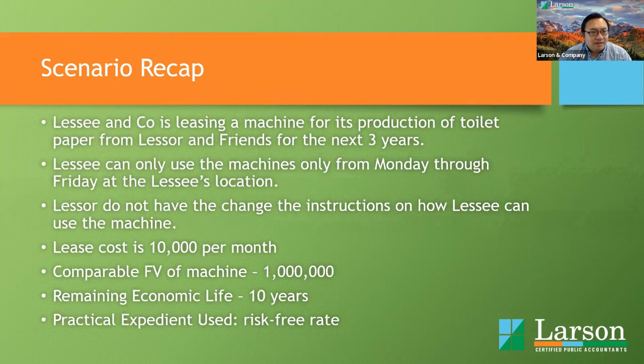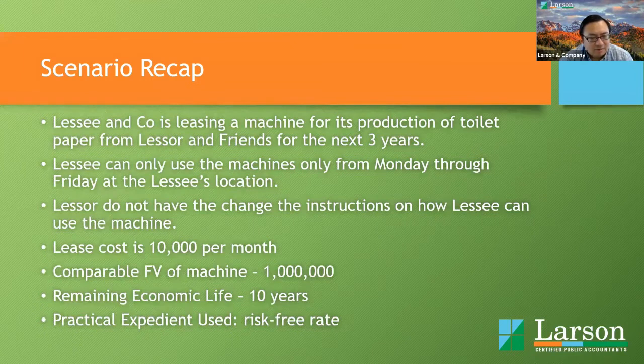A lessee company, remember, is leasing a machine for toilet paper making from Lesser and Friends, and they're going to be paying $10,000 per month for the lease costs. We already know the comparable fair value of the machine is $1 million, and the remaining economic life is 10 years.